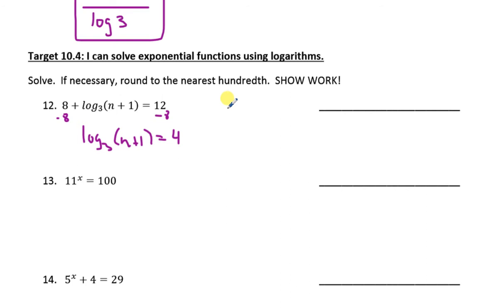This goes to 3 to the 4th power equals n plus 1. Well, 3 to the 4th power is 81. 81 equals n plus 1, and minus 1. So this looks like a complicated problem, but it's really not that bad. So n equals 80. You just have to do things in the right order.